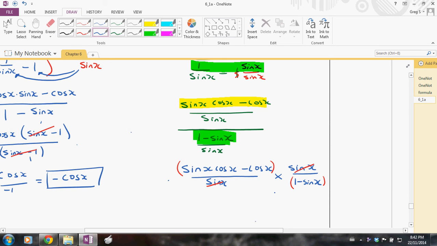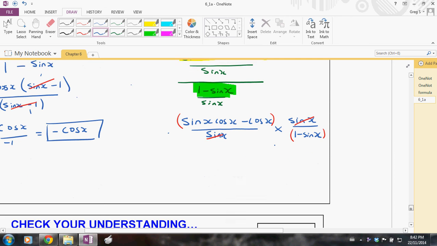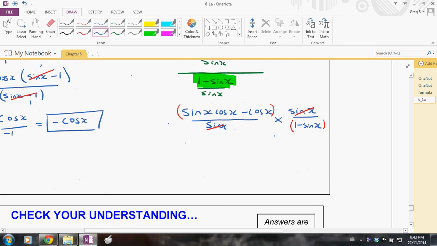And then it looks a lot like we had in our previous example, where I'm going to have the sine x times the cos of x minus cos of x all over 1 minus the sine of x. And now similarly, we're going to be factoring out a cos in the numerator.